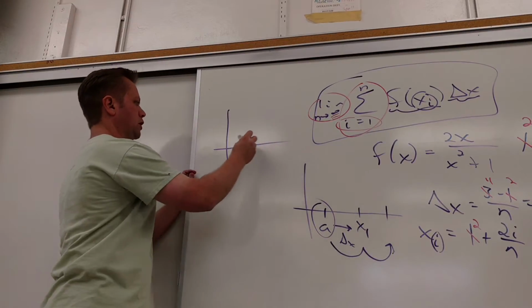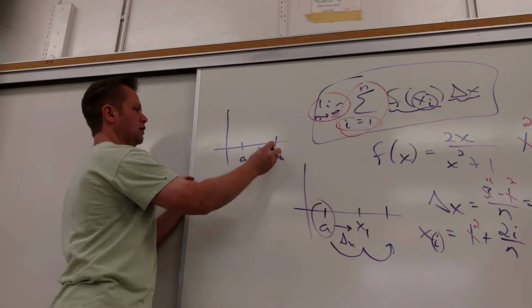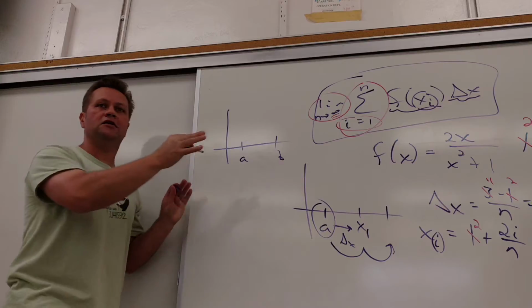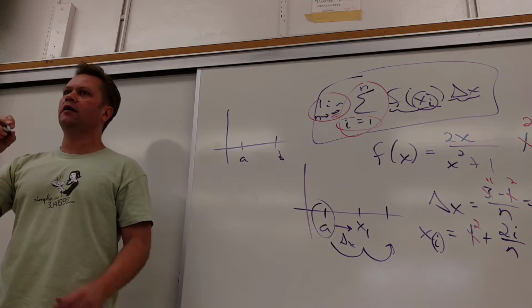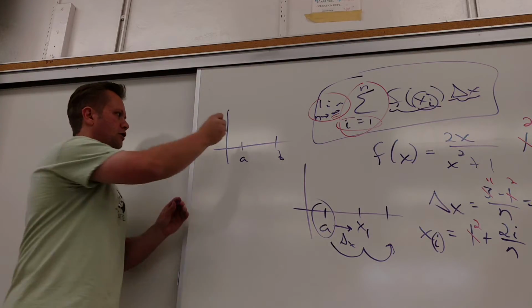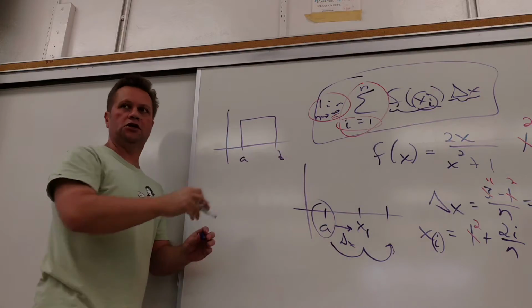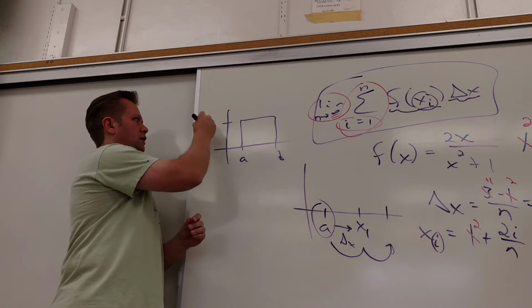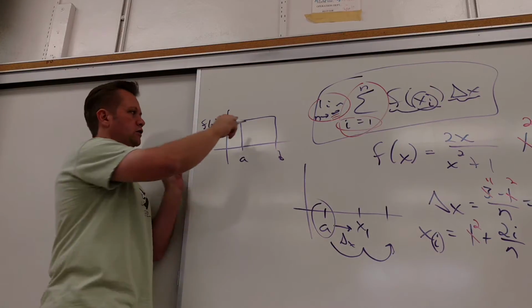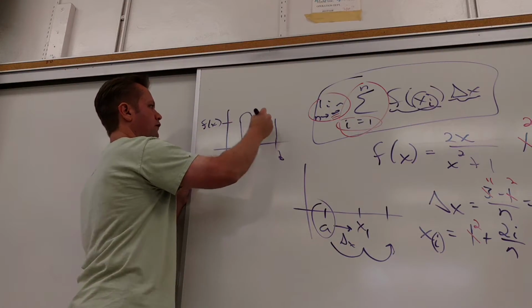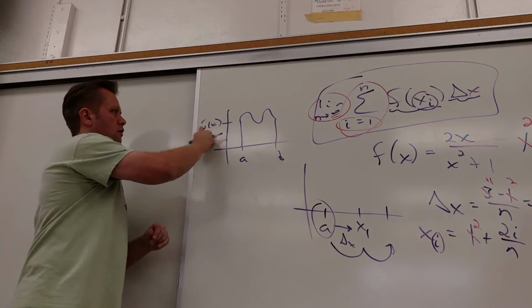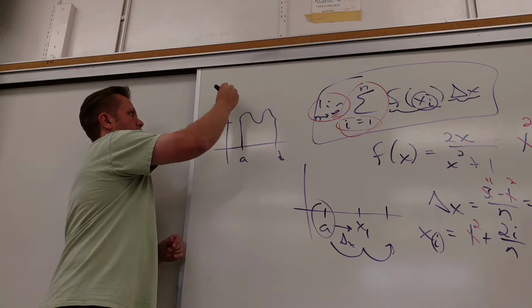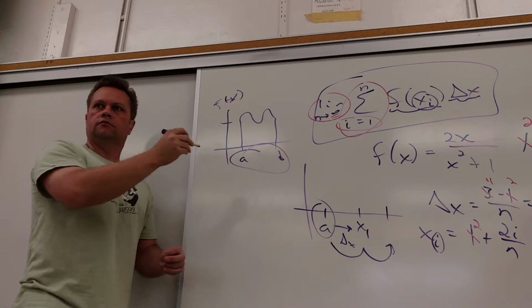When they ask you what's the region, here's how a region is defined. If I want to define a region, we say it this way. I could say, that's a region, right? That would be very boring, because what's the height? It would be constant, f of x, right? So in general, a region is any function and an interval.